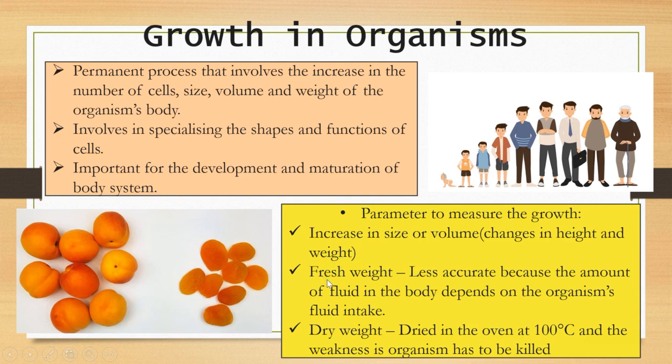The second parameter is fresh weight. It is less accurate because the amount of fluid in the body depends on the organism's fluid intake, meaning the water inside the organism is not removed.